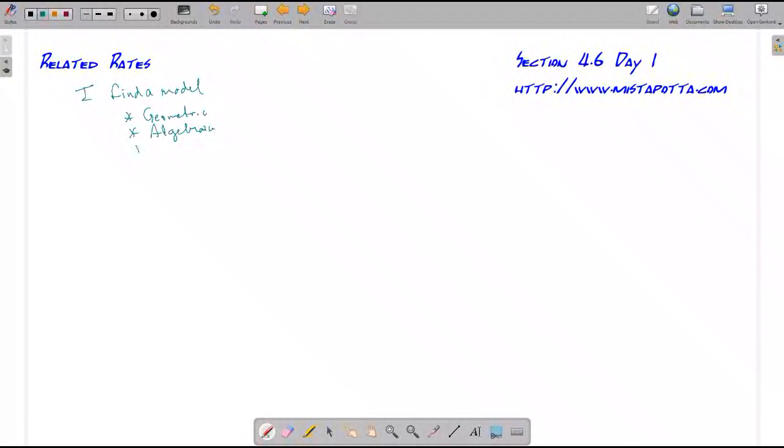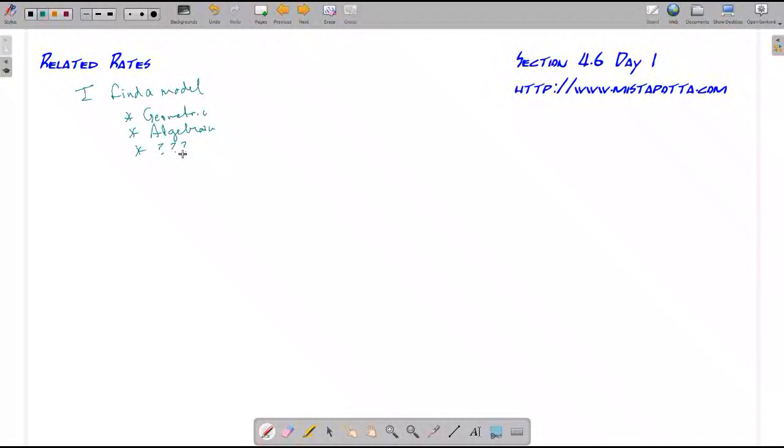But I know that I've got to be dealing with some type of model, something that relates the quantities we're talking about. So in the previous example, we were relating the change in volume to the change in radius.